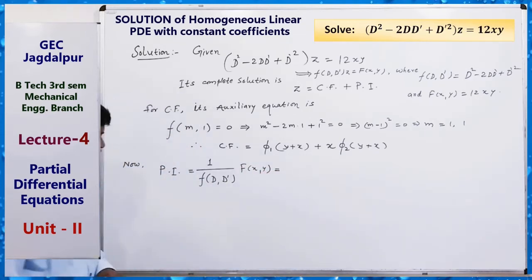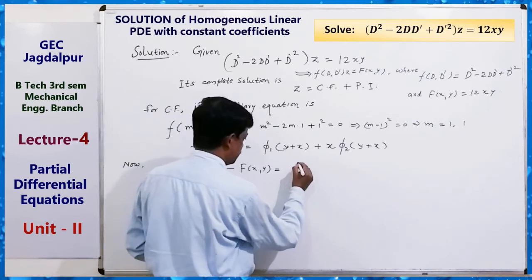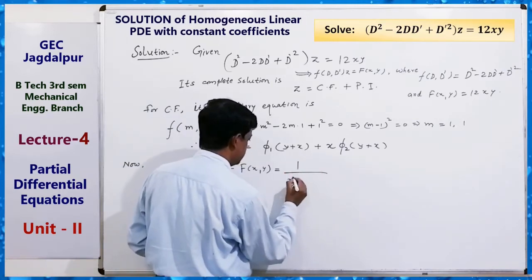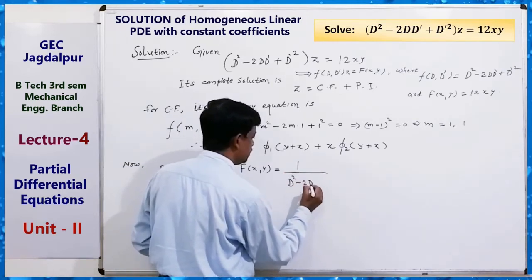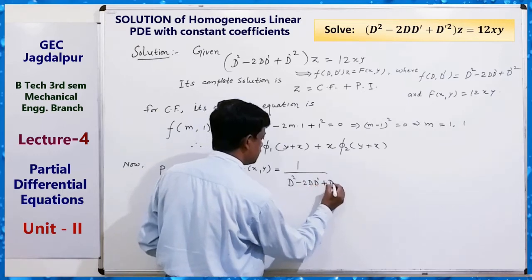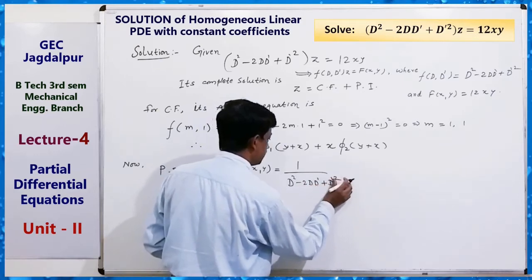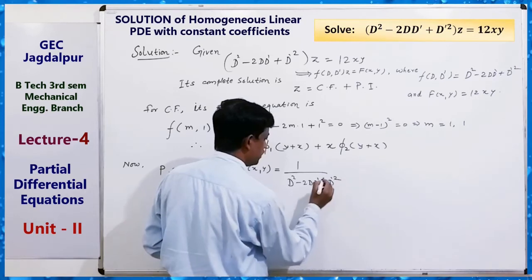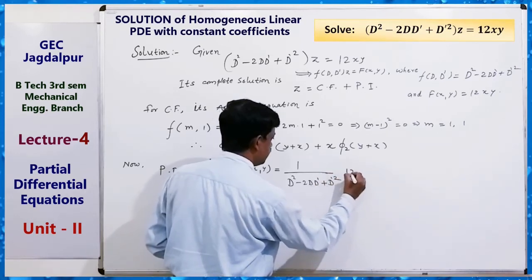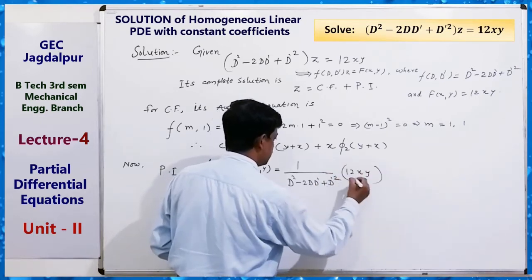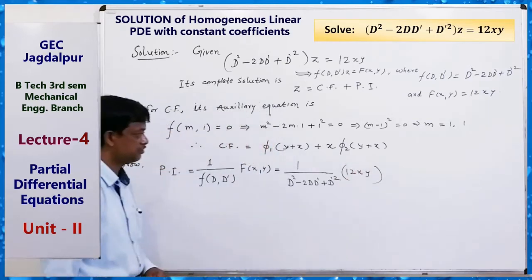Clear? This is equals to 1 upon D² - 2DD' + D'² of 12xy. Okay?